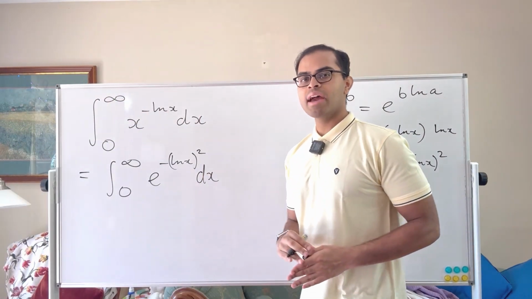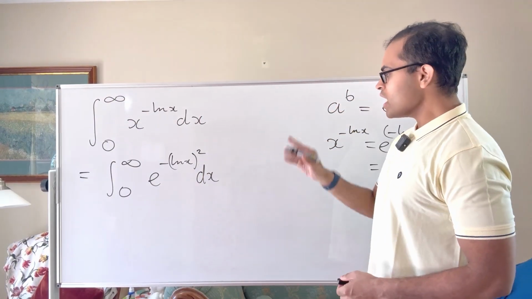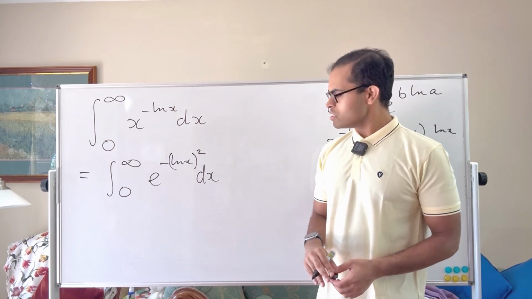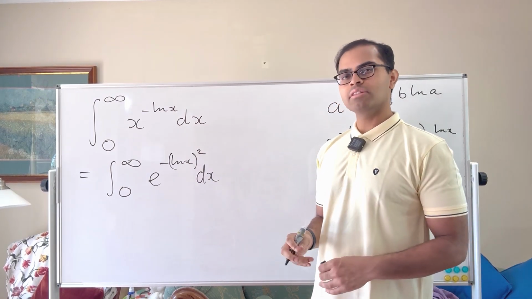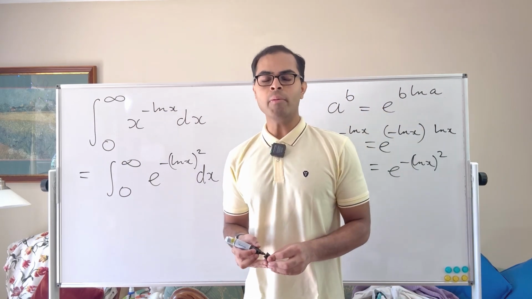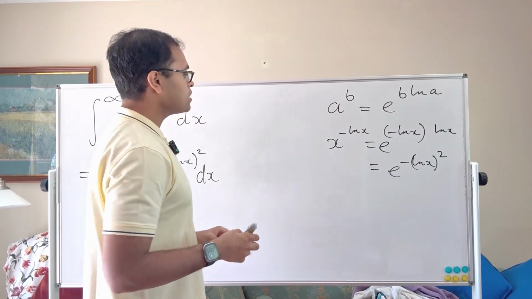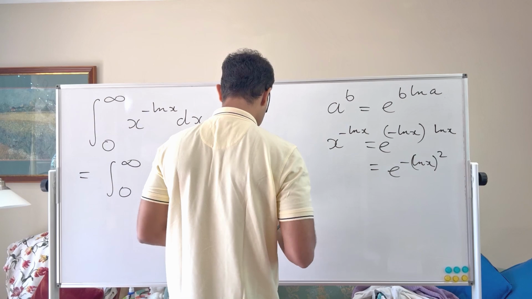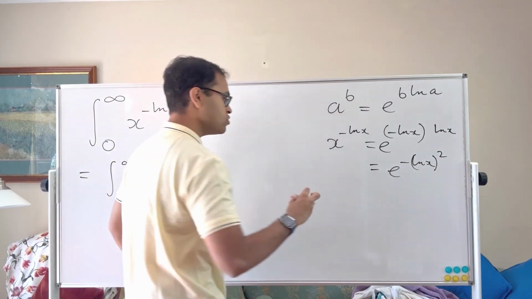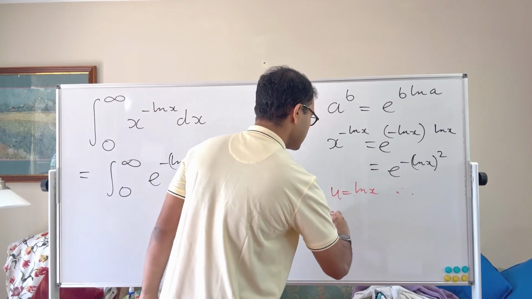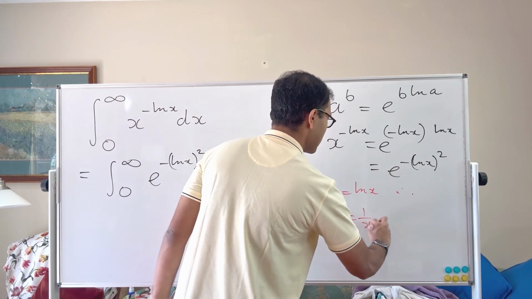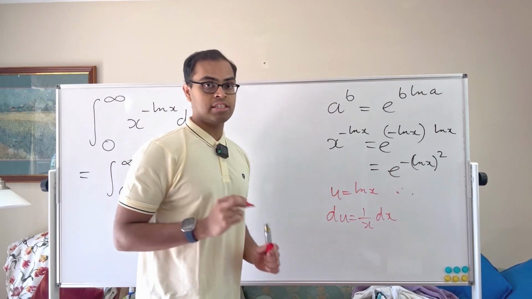And this is the point where we have to be clever again. We're going to have to do a substitution to find this out. So the substitution we're going to do is we're going to put u equal to the log of x. Okay, so that's a reasonable thing to try. Let's see what happens. If u is equal to log x, then du is going to equal 1 over x dx, because the derivative of log x is 1 over x.